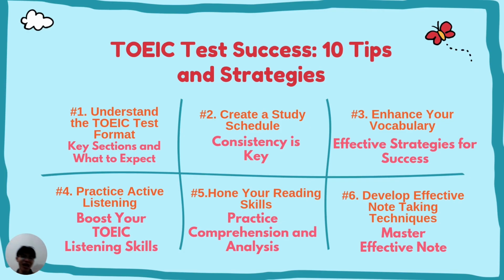Number 3, enhance your vocabulary, effective strategies for success. Number 4, practice active listening and boost your TOEIC listening skills. Number 5, hone your reading skills, practice comprehension and analysis. And number 6, develop effective note-taking techniques.